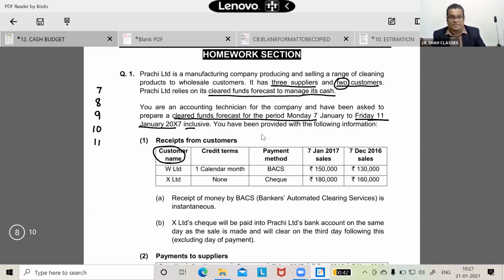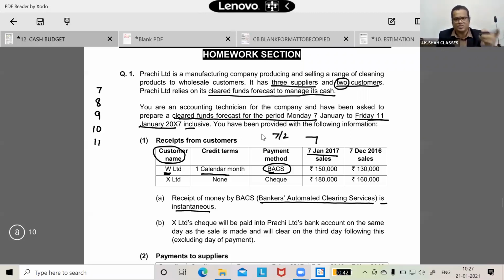So, W is our first customer. Credit is what? 1 calendar month. What is BACS? It is written, don't worry. Bankers Automated Clearing Service, and it is instantaneous. What does it mean? It is instantaneous. See, if we allow him 1 month's credit, 1 calendar month, and we do the sale on 7th Jan, this money will come into our pockets on 7th Feb. Instantaneous. The moment he transfers, the money will come to you.